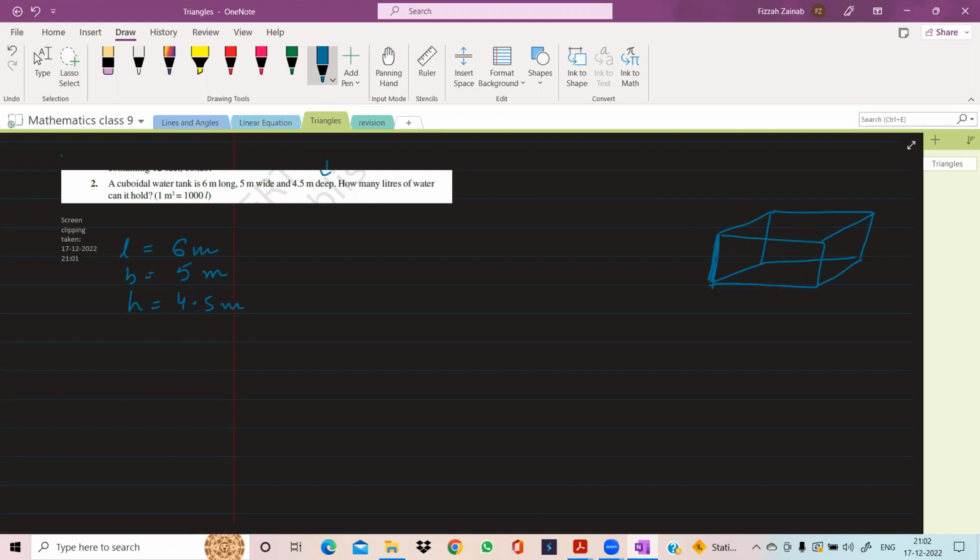How many liters of water can it hold? Now this conversion is given that 1 meter cube is actually equal to 1000 liter. So first of all, you will find your answer in meter cube and then you will convert it into liter. Understand? So first of all, let us find the volume of the tank.